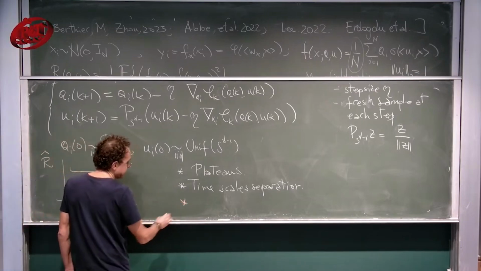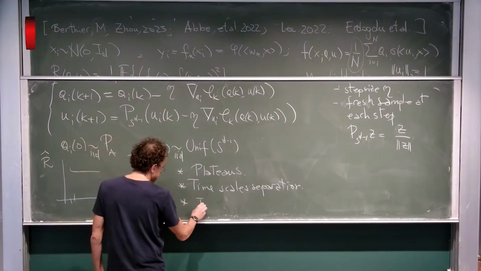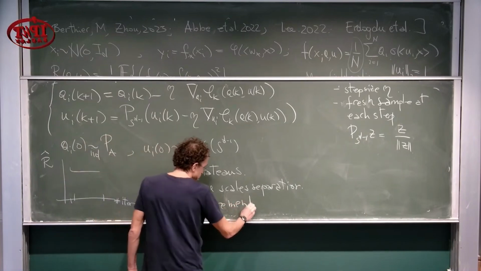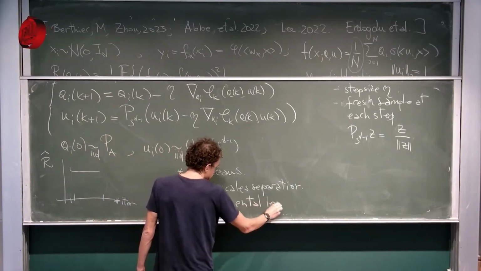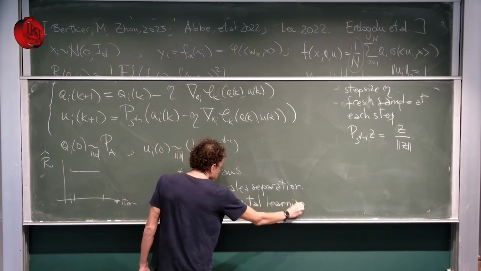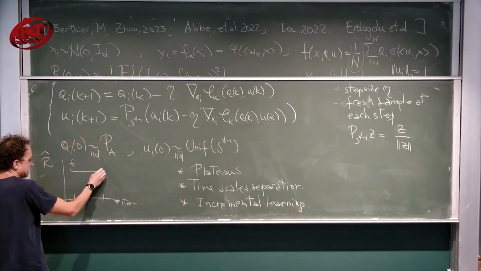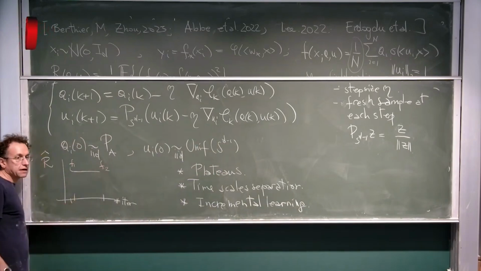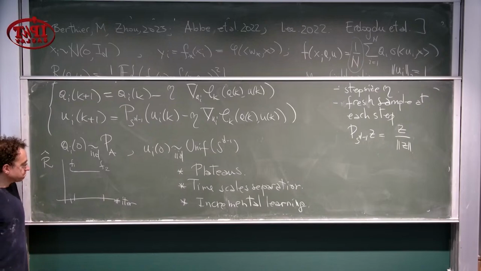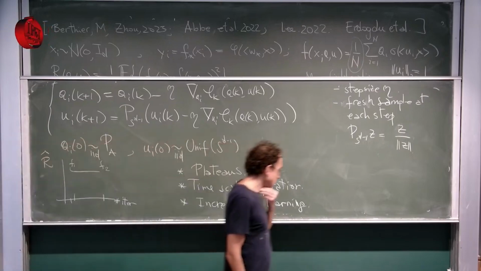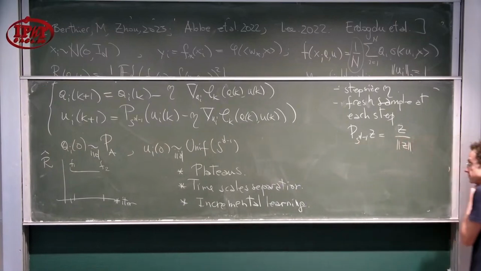Related to this fact is that there is some form of incremental learning. Meaning, the function that you learn at earlier times is typically much simpler than the function that you learn at later times. There are various types of experiments that point at this phenomenon in different settings.